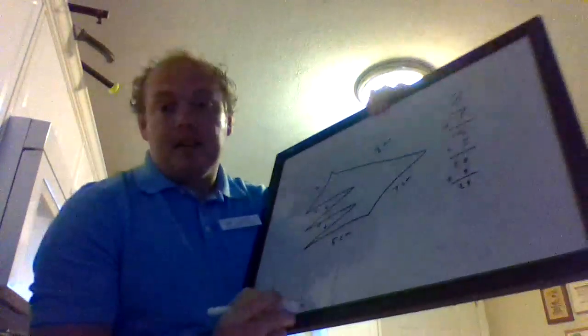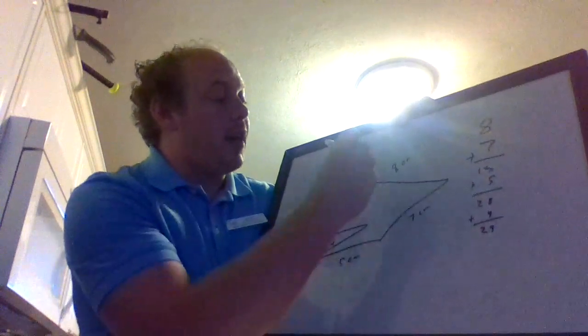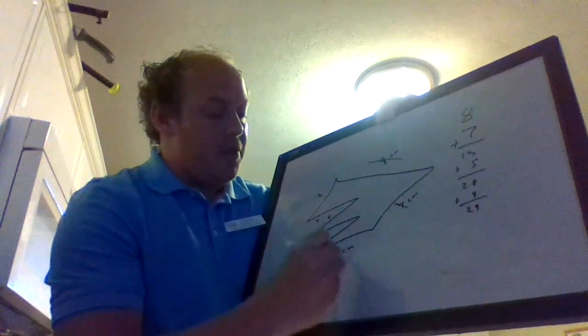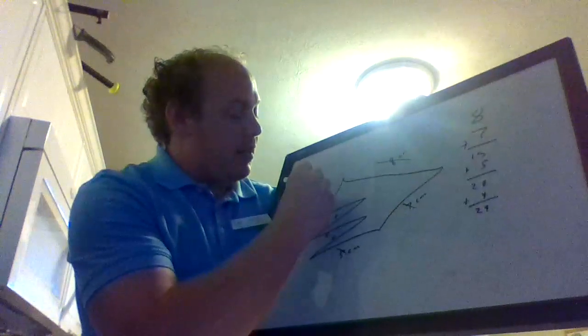So we're done with that side. 15 plus 5 is 20. 20 plus 4 is 24. Now, something you can do to keep track is mark your numbers out as you go. We've used that one, and let's say that one.